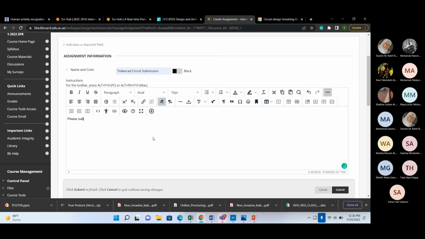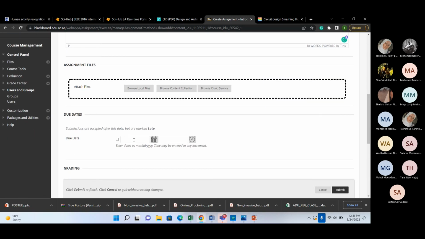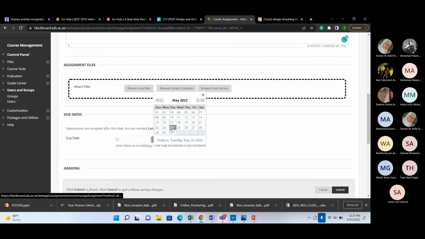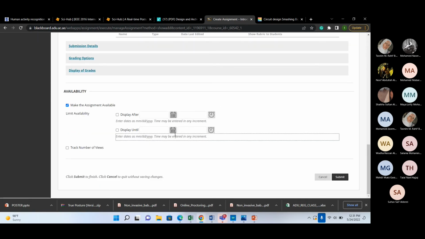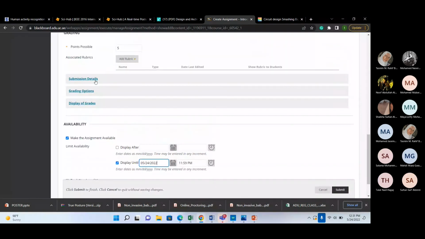Please submit a screenshot of your circuit working, and the link after setting it to public. Don't forget to set it to public, okay? That's it. Submission is tonight. You have 5 marks.